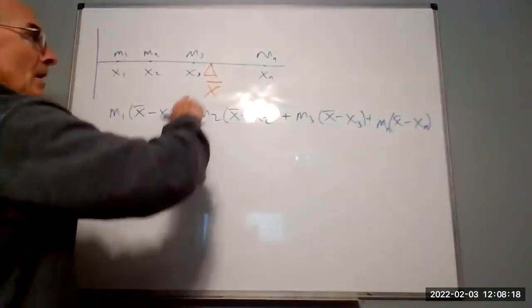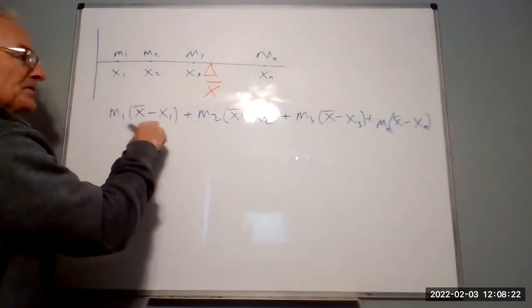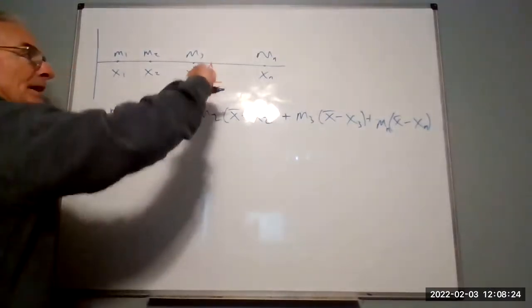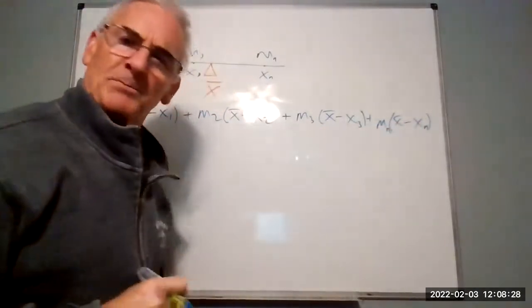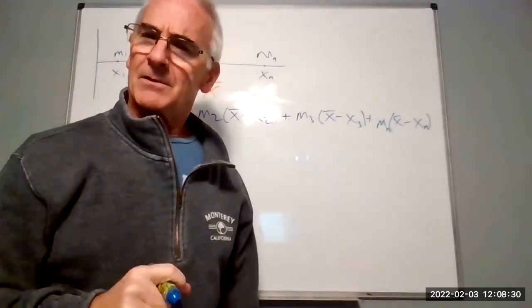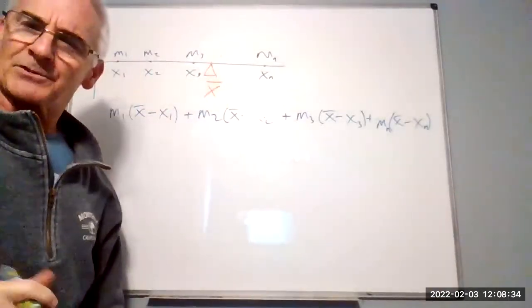Now, for every x value to the left of x bar, this is a positive value. But for every x value to the right of x bar, down the road, those are going to be negative values. What must this add up to then? Anybody want to try that?